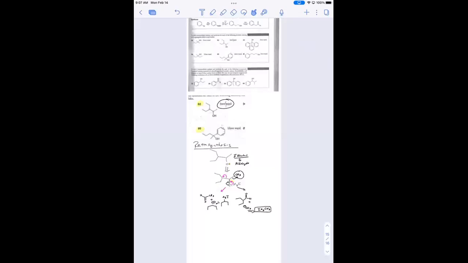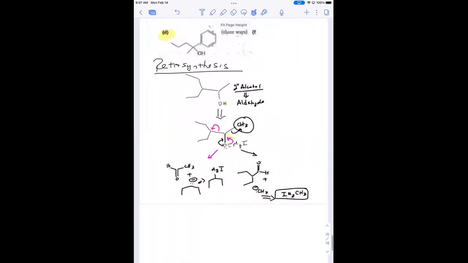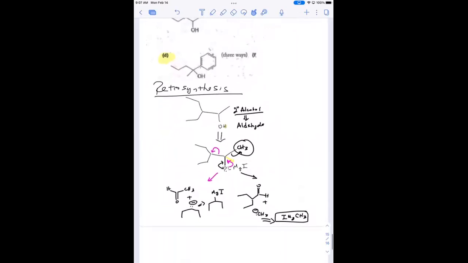All right. So let's go back to where we were. We were working on a problem Friday, discussing how to work backwards from these carbonyl addition products. So we know that when we add a Grignard to an aldehyde or a ketone, we get an alcohol.